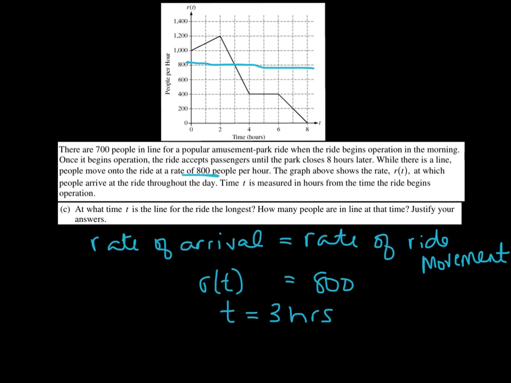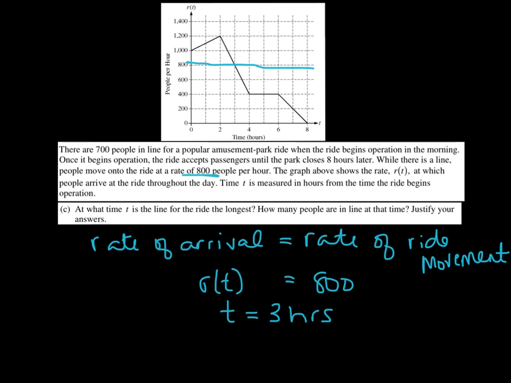So the idea now is to find out, is that the maximum? And how many people are in the line at that time? Well, take a look. Does my rate at that time switch from positive to negative? I would say absolutely that before T equals 3, the rate is above that, and after that, the rate is below that.